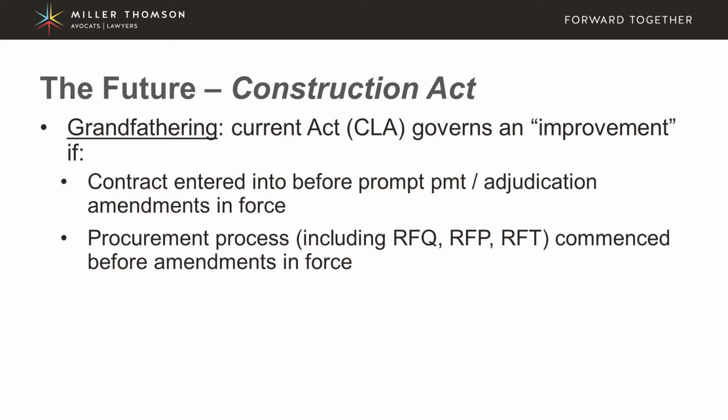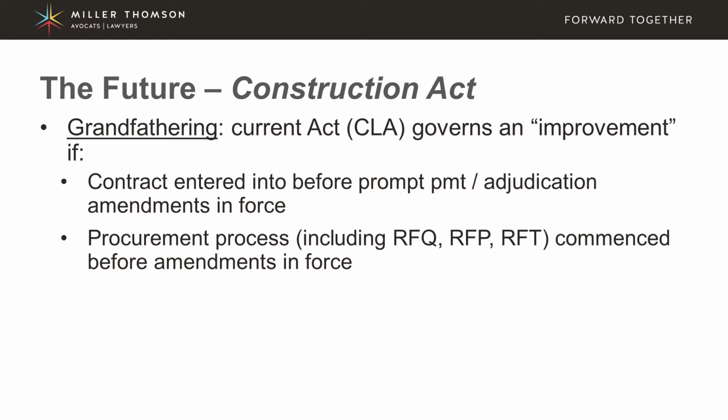So the current state of affairs will be what applies if the contract is entered into before October 1st, 2019. The same thing applies with respect to the July 1st, 2018 deadline. If a contract is entered into before that date, then those amendments which take place on July 1st, 2018 will not apply to the contract.